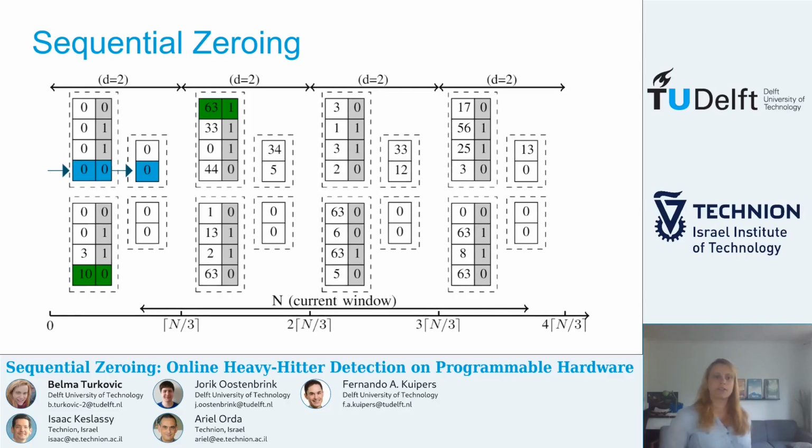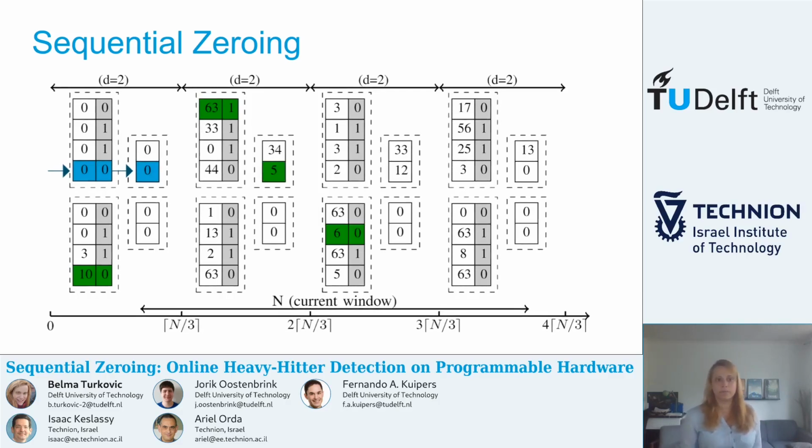Similarly, the counts from the second and third counting sketches are just read, and in the last sketch, we also increase the counts, similarly to the sequential window. Of course, every n divided by k packets, we also shift which sketch we zero out and which sketch we add packets to.